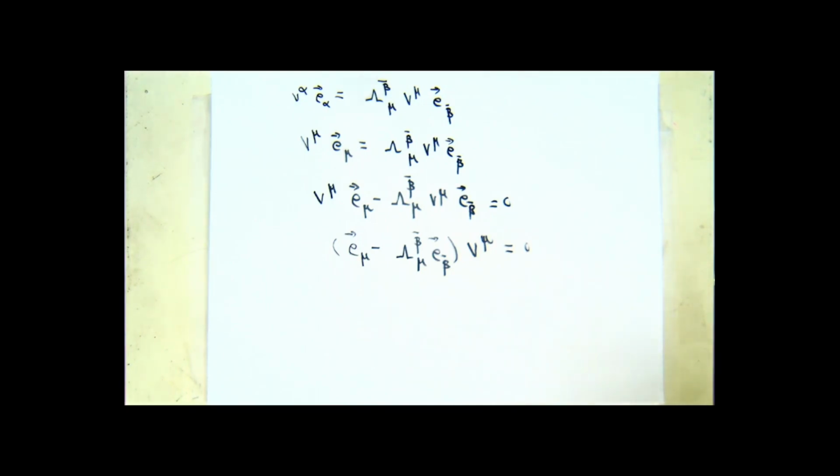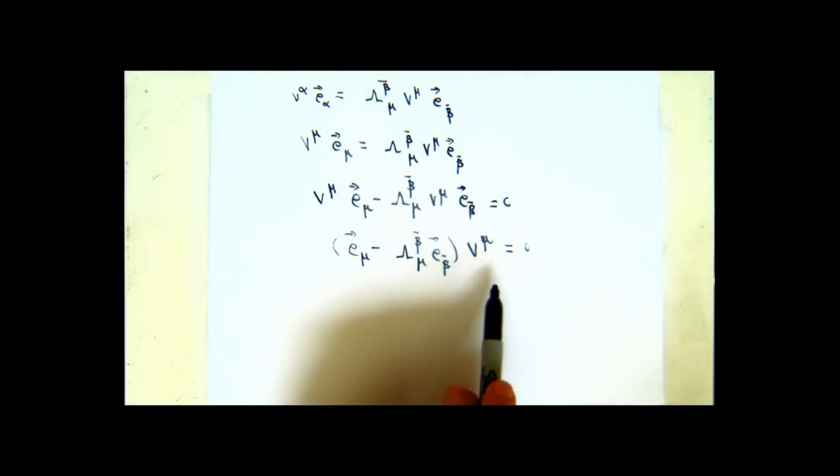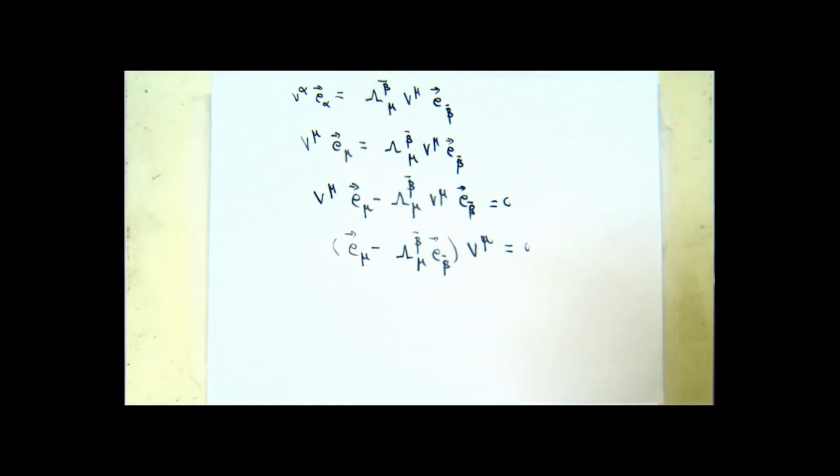So there can't be any idea of just dividing that V mu out. That doesn't make any sense. On the other hand, I didn't say anything about which vector V was. This needs to be true regardless of which particular vector you pick. So we're going to pick some interesting particular vectors.